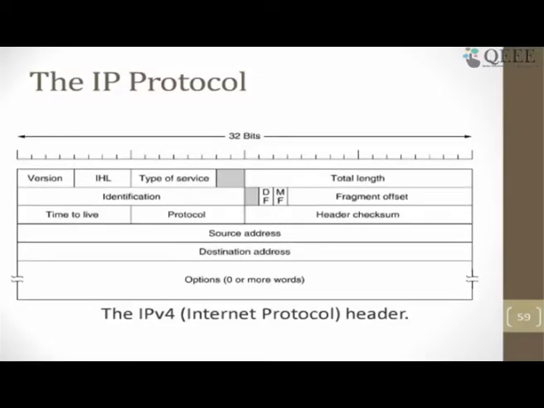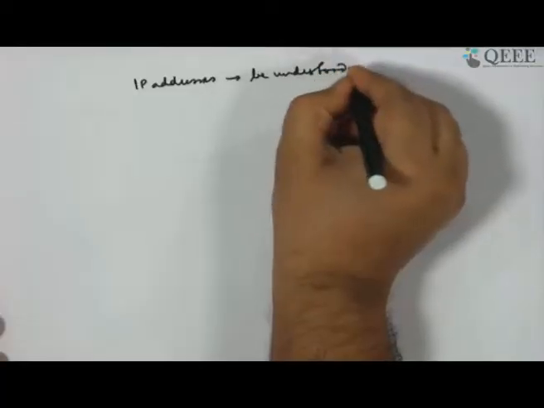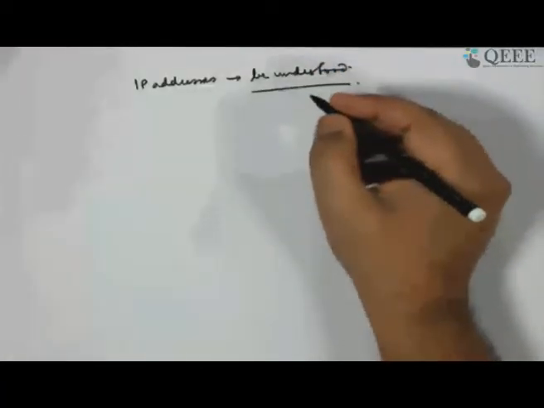Coming back to the original part: how will these IP addresses be understood? This is a question we can ask.